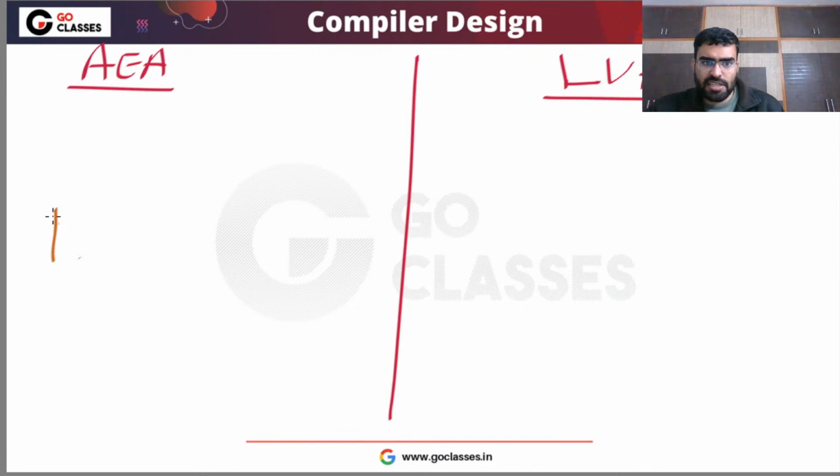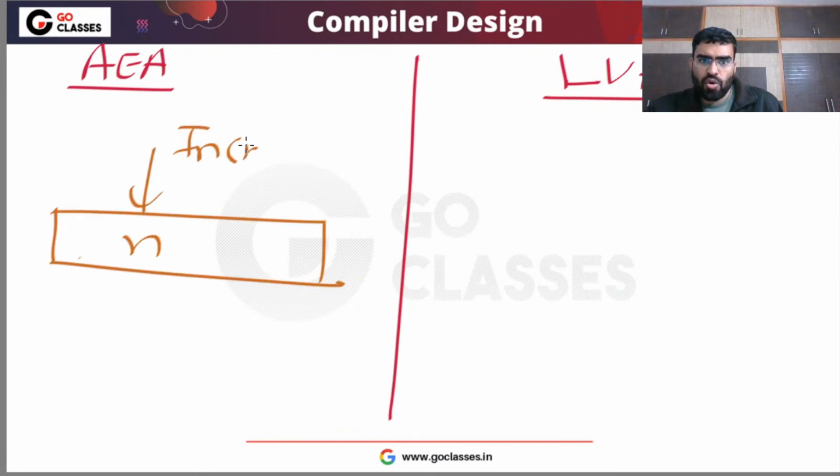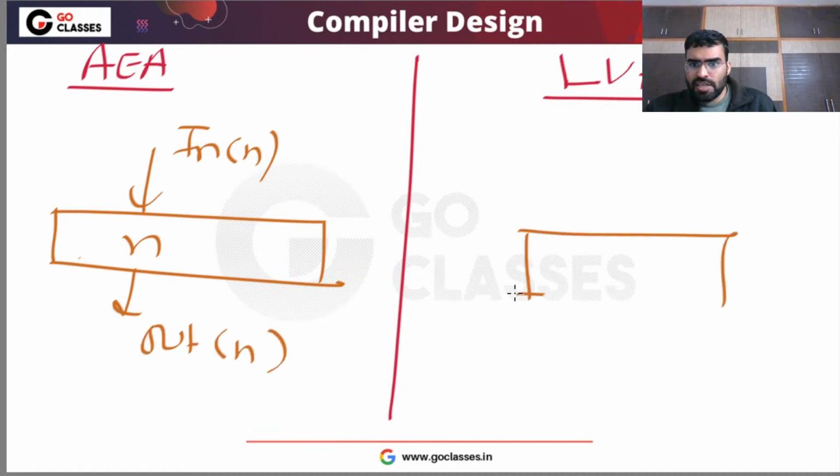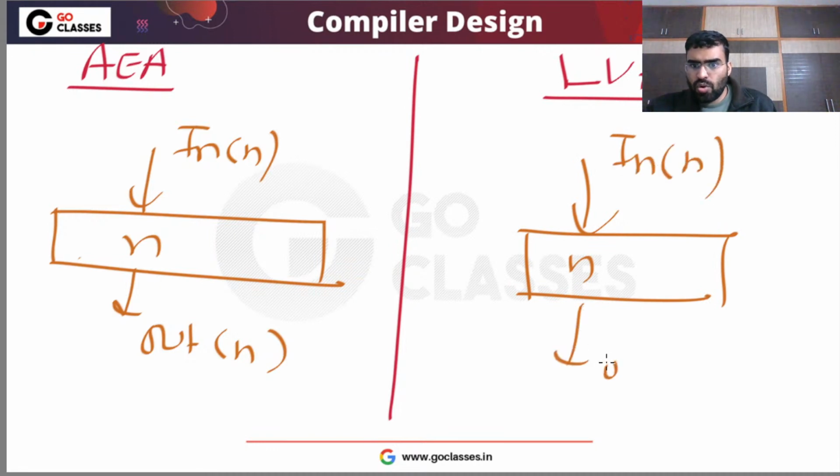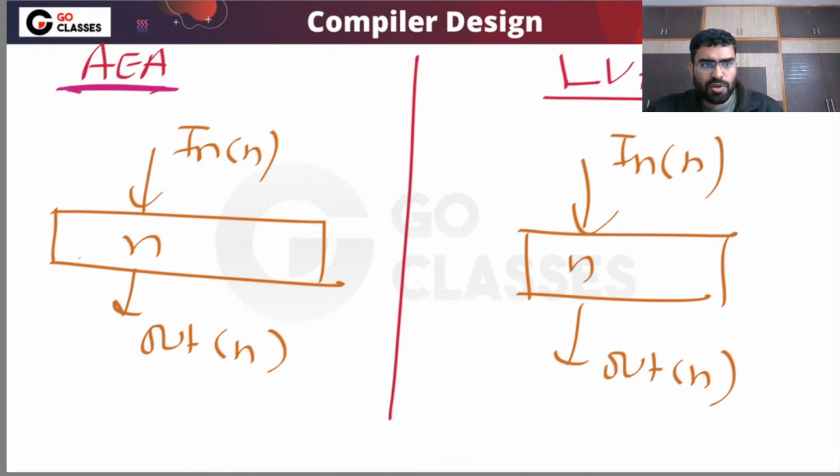You can notice that there is a statement. This is your statement N, and this is something called in of N, and this is out of N. And here also you have a statement N, there is something called in of N, and there is something called out of N. So can anyone tell me, in this available expression analysis what do we do?